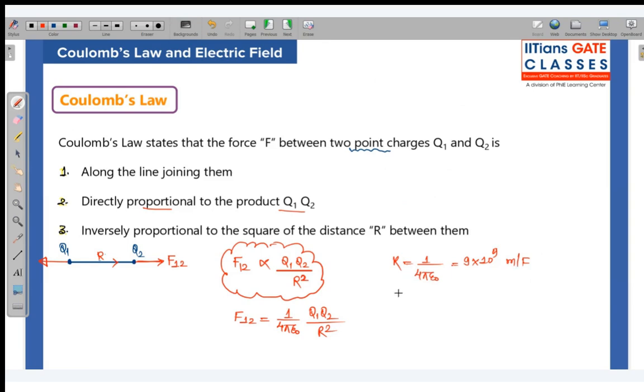Now, there is another term which we are getting here, which is epsilon naught, the permittivity of free space. It is 4 pi into 10 to the power minus 7 farad per meter.